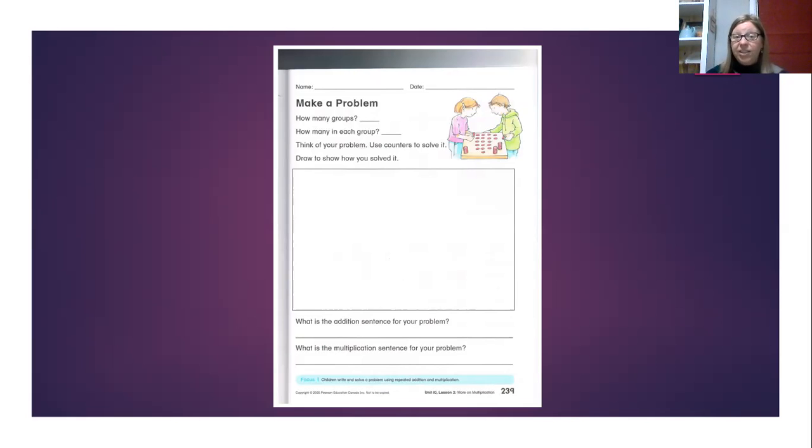With your collection of items, you need to divide your collection with the same number in each group. So if you decide that you want to count by fives, then you need to make sure that there are only 5 in each group.